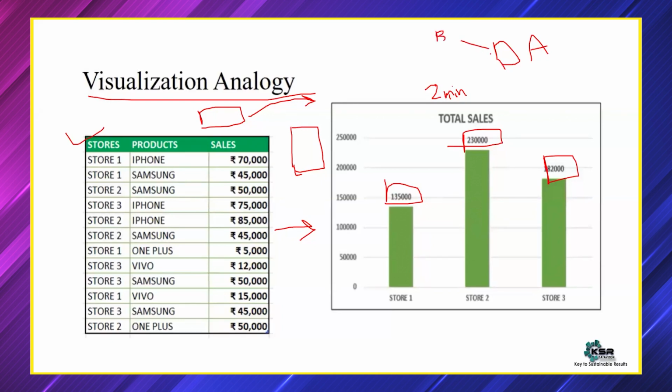Whatever background information is present, first understand that. Then you can think about what this data looks like, how we should clean it, and how we should filter out the data. Filtering is an important concept for a data analyst.